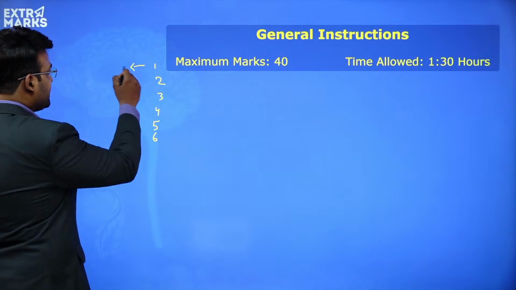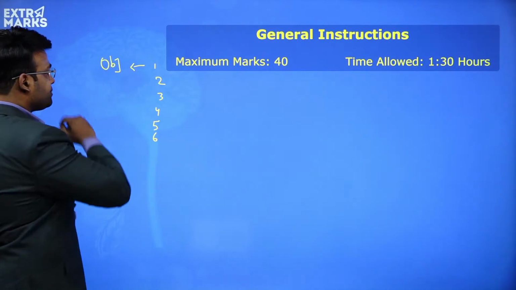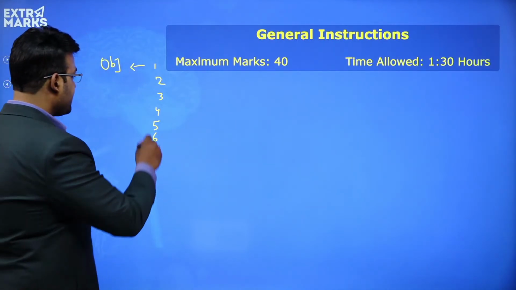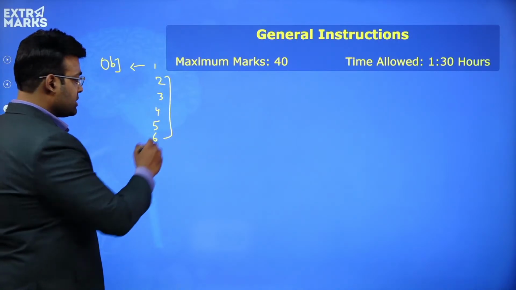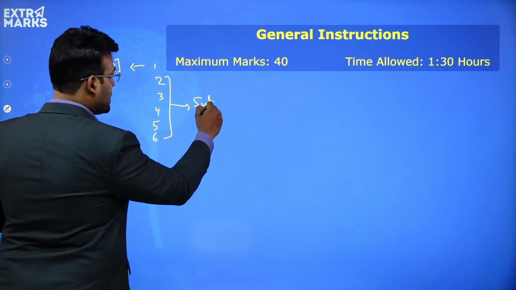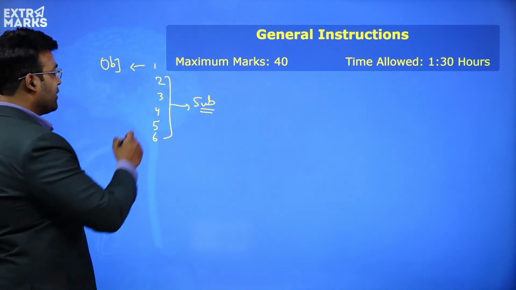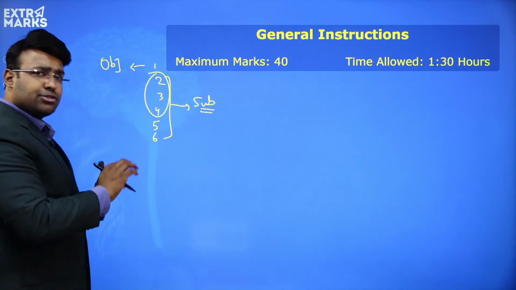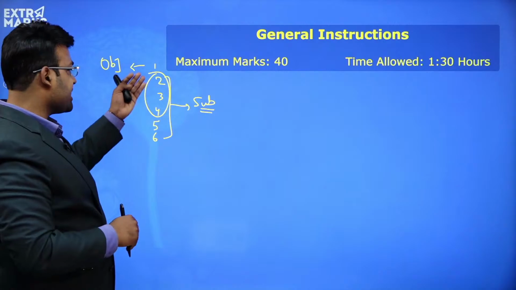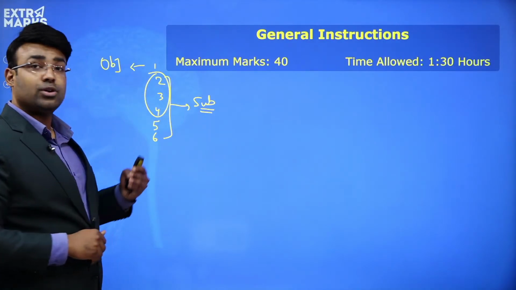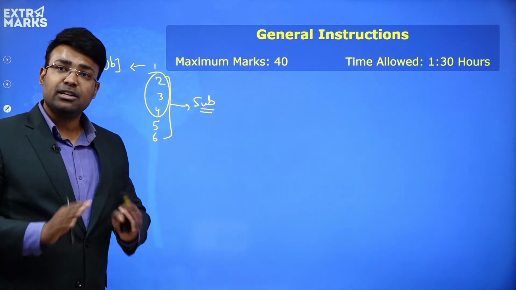The first one will be the complete objective. Clear? And the remaining 5 questions will be subjective. Out of these 5 also, you have to attempt only 3. It's completely your choice. You can attempt the second one, you can attempt the 6th one, you can attempt the 4th one. It's completely your choice.